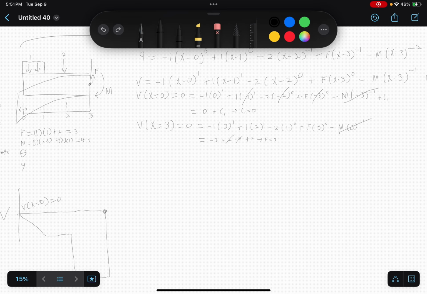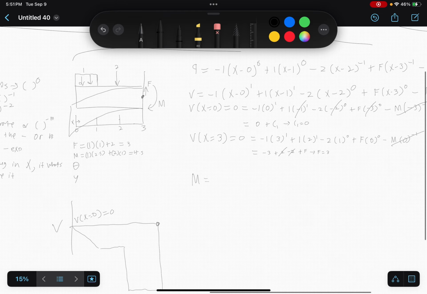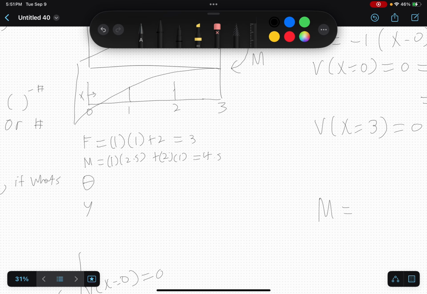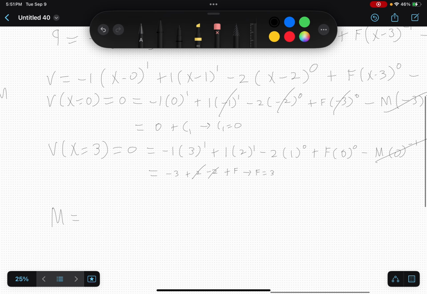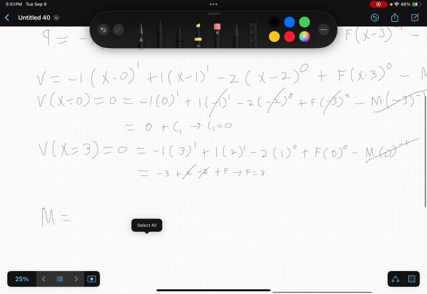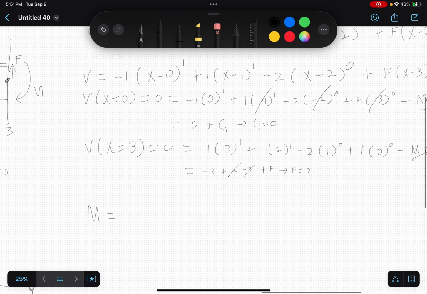Cool, let's do m. They're all the integrals of each other. So m is the integral of f, theta is the integral of m, and so on. M. Okay. -1/2 x minus 0 to the 2.